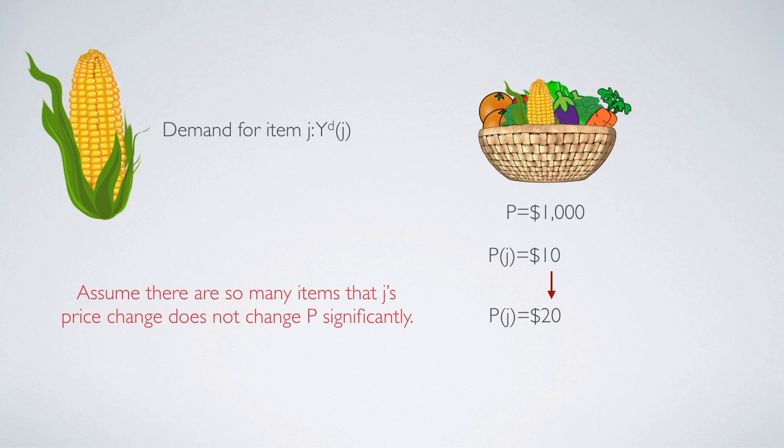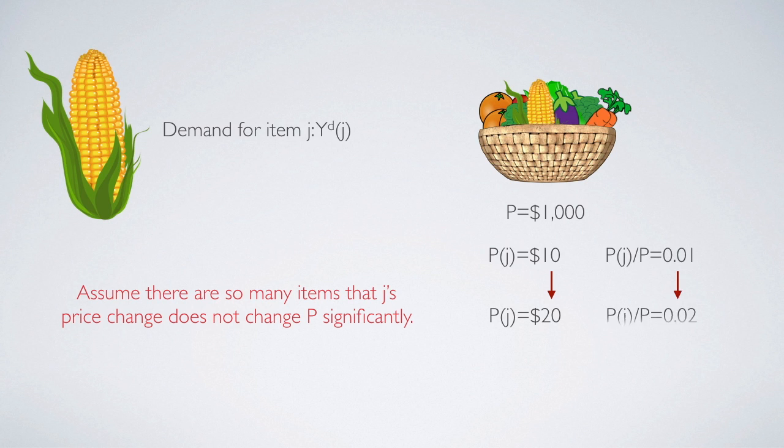We assume that there are so many items in that basket. So if only one item changes its price, it will not change the basket price significantly. In other words, given that the corn price increases from 10 to 20, supposedly the basket price will change, but we assume it's still 1,000.